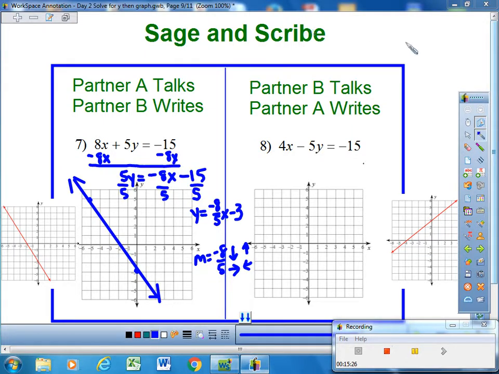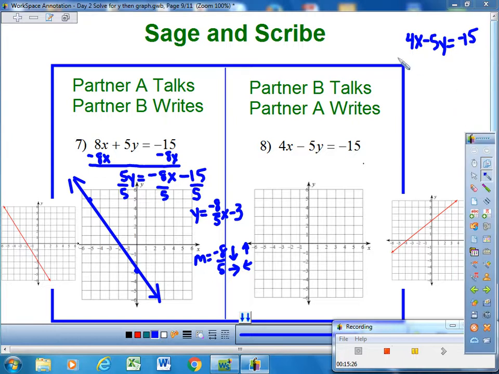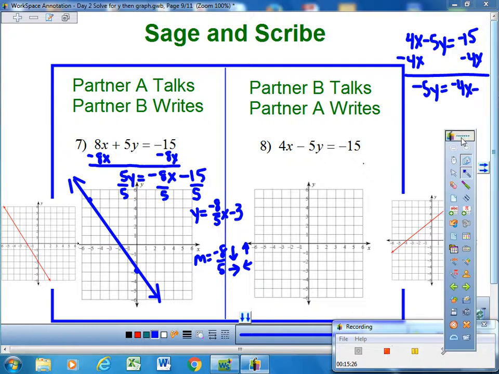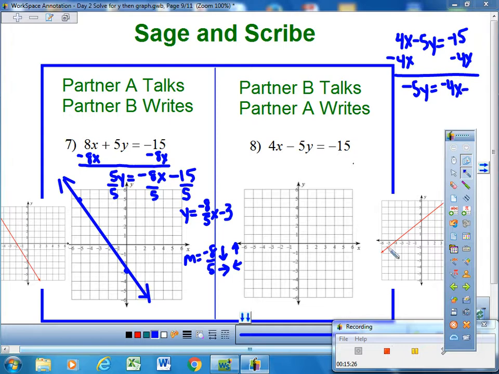And so I will work it up here. 4x minus 5y equals negative 15. I'm going to move the 4x over, and I have negative 5y equals negative 4x minus 15.